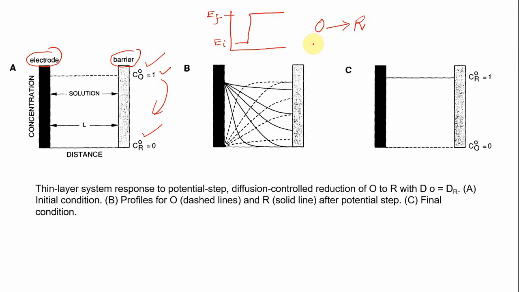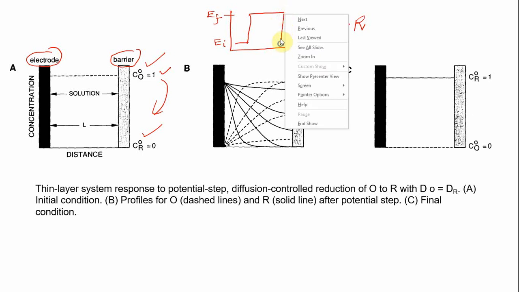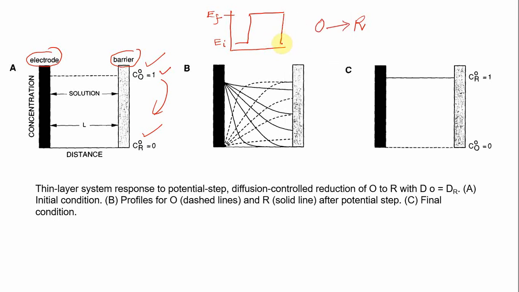And now if it allows us to step it to another potential, which is the final potential, then it means that at the final potential this species will be converted back into the oxidized species.